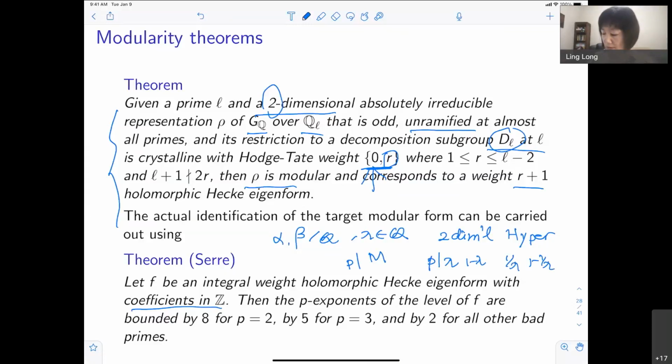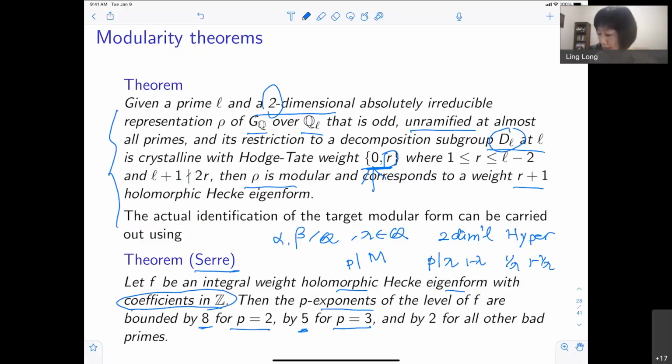Then you can use this result by Serre. It says, if you have an integral weight holomorphic Hecke eigenform, and the key point is the coefficients are all integers, then at the bad primes, the exponents are controlled. It could go up to 8 if p is 2. If p is 3, it can go up to 5.